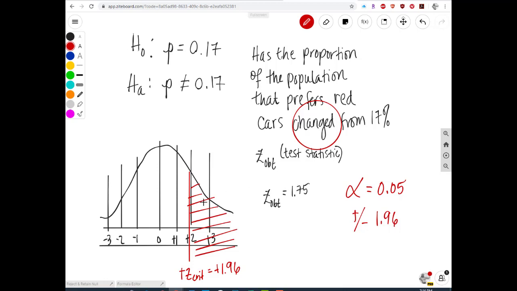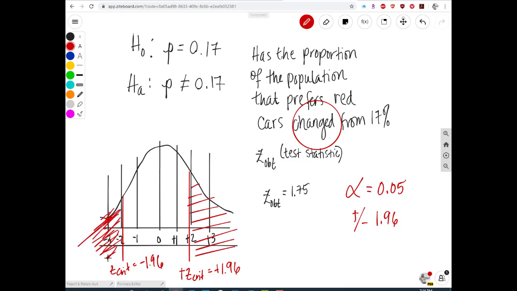But I also have a lower z-crit. That z-crit is anything below negative 1.96. So negative 1.96 is again very close to negative 2. It's right here. This z-crit is negative 1.96, and I'm saying anything less than this, I'm going to reject.